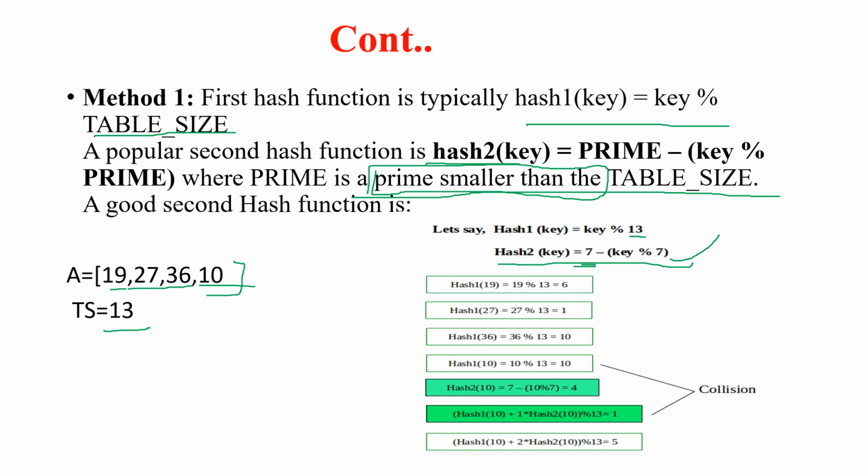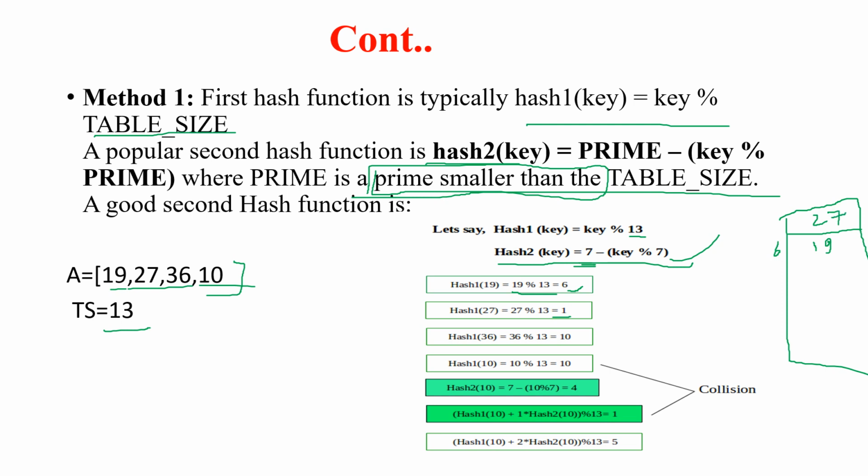I have already calculated 19 modulus 13, and I get the index value 6. Suppose my table was completely empty at the start, so 19 is going to be stored at the 6th index. For 27, if I calculate 27 modulus 13, I get 1. So 27 is stored at the 1st index.